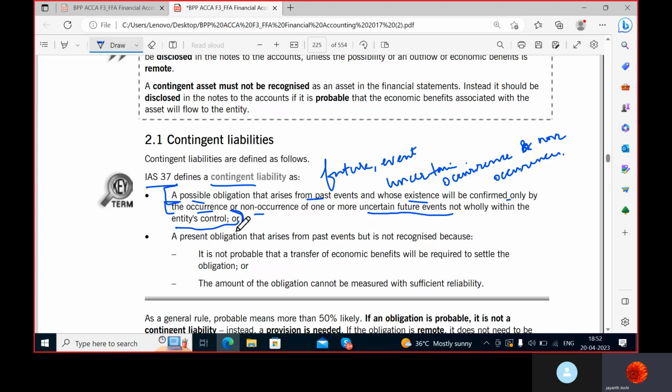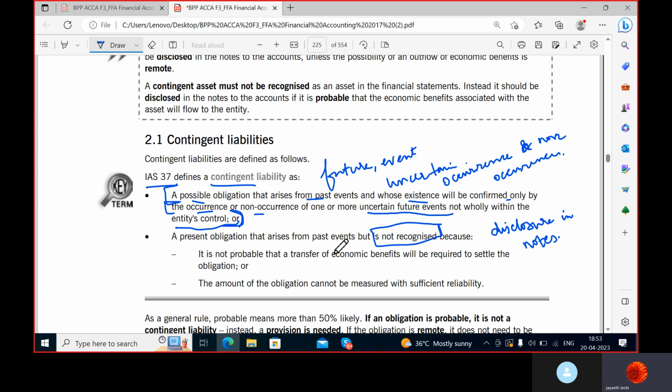So these uncertain future events are not under the control of the entity. For a contingent liability, remember one thing: it is not recognized in the books, but it is given as a disclosure in the notes.